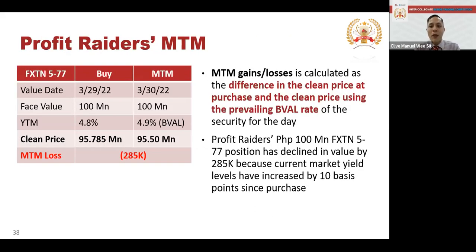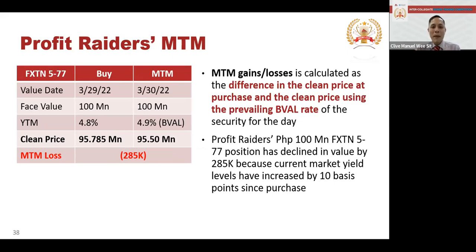So let's use that same example. Assuming profit traders bought 100 million 5-77 from Hydra, and in our previous example, they sold it simultaneously to Outsmart traders. Assuming profit traders did not sell it to Outsmart traders and decided to just hold on to it for a day.